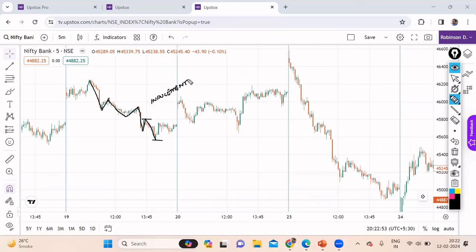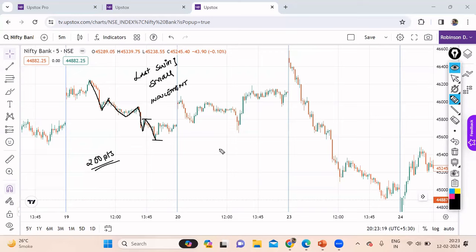Here, the condition, you need to keep this in mind or write it down when you are making notes out of it. The condition is the last swing must be small. When I say small, it means it should be around 200 points, not beyond that.